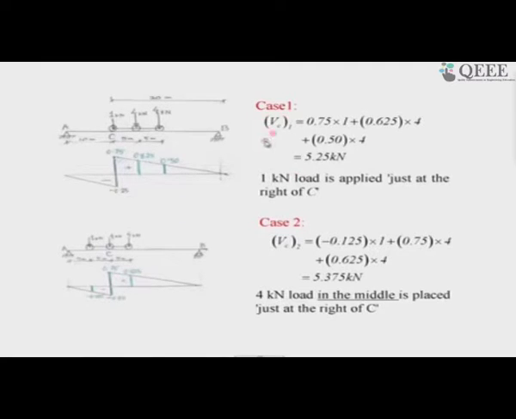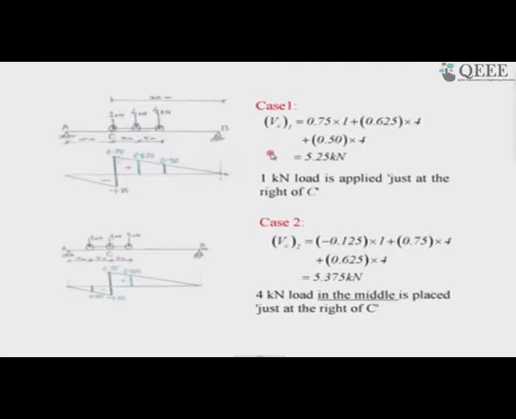Case 1 is that the shear force here will be, although I am just right of C, I am computing the value of the ordinate of that point which is just right of C by putting the ordinate at C. So, that is 0.75 here, and similarly this 4 kilonewton is just right of that 5 meter distance, but I am taking the ordinate of 0.625 which is at 5 meters exactly, and this ordinate is 0.5 which is 5 plus 5, 10 meters away from this. I have placed this wheel load like this.